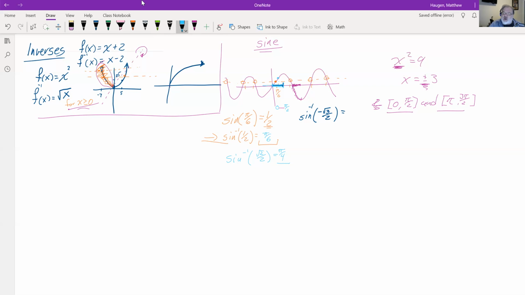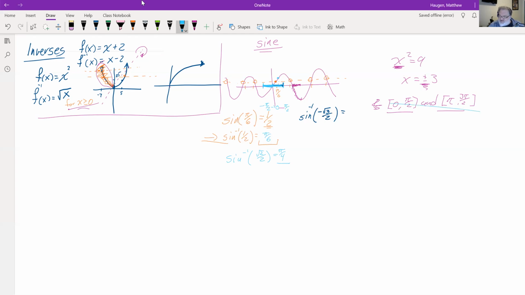How about we go this way? That's technically the fourth quadrant. It's just the negative version of the fourth quadrant between negative pi over 2 and 0.